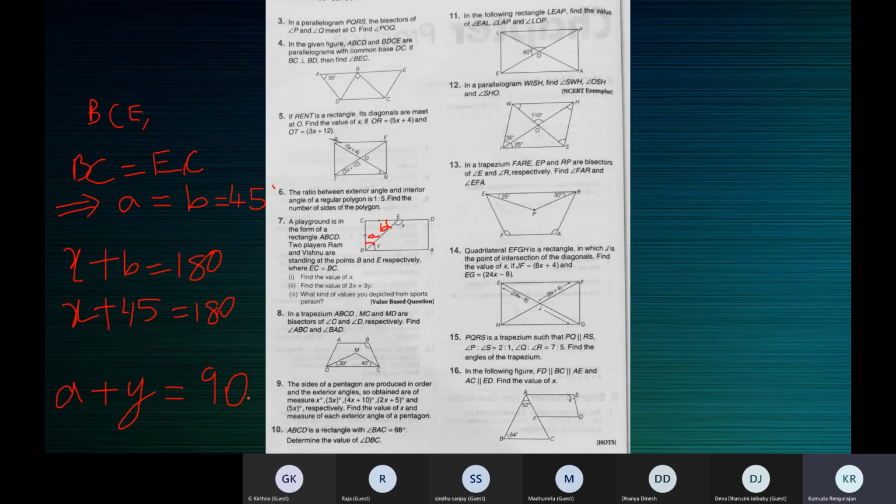A is 45 degrees. So 45 plus y is equal to 90, and this will help you to get the measure of y. And once you have x and y, you can find 2x plus 3y.